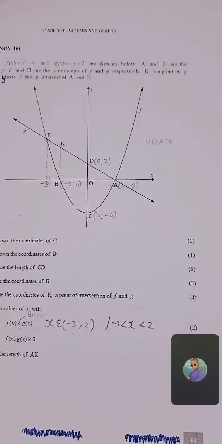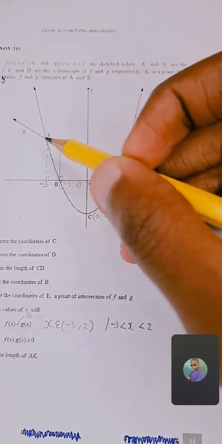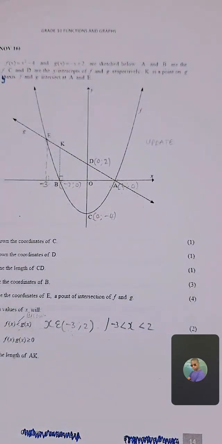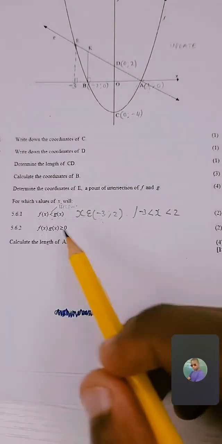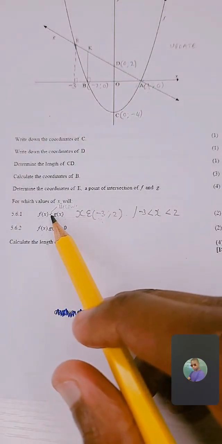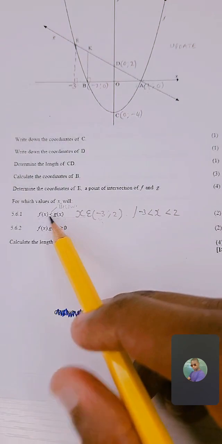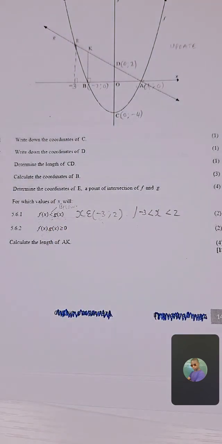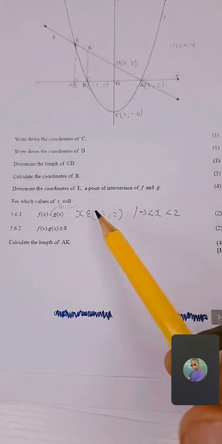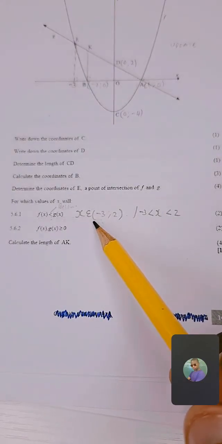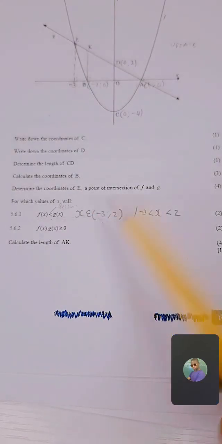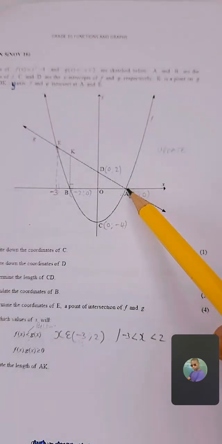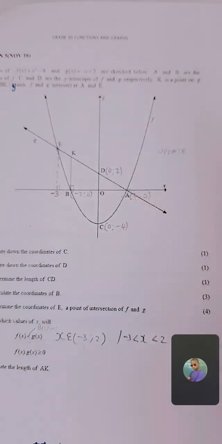But according to this, we don't want to observe them touching. We just want to see where f is below g. So, Malibongwe, we cannot include -3, and we cannot include 2. So we can't have square brackets.